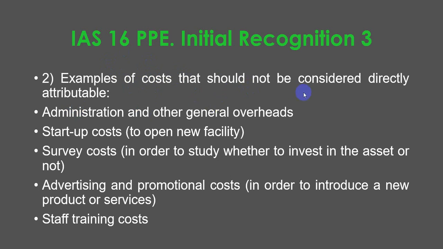Examples of such costs are administration and other general overheads, startup costs, that's for example costs to open a new facility, survey costs or costs to study whether to invest in the asset or not, advertising and promotional costs or costs to introduce a new product or service, and staff training costs.